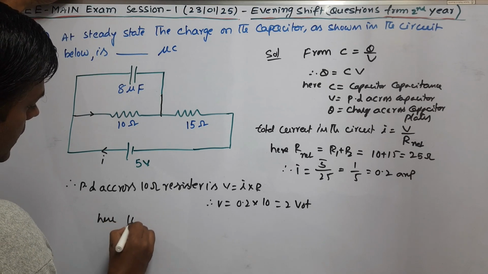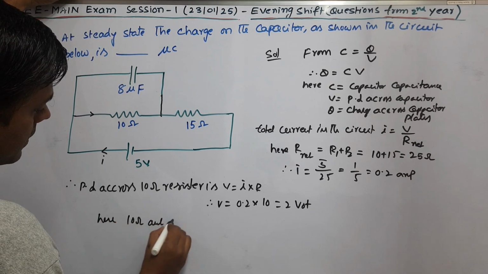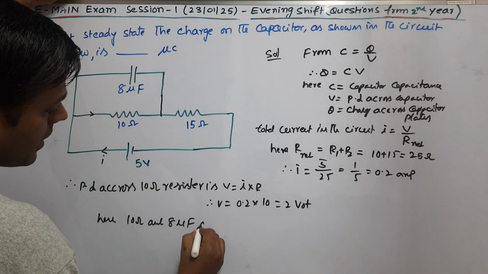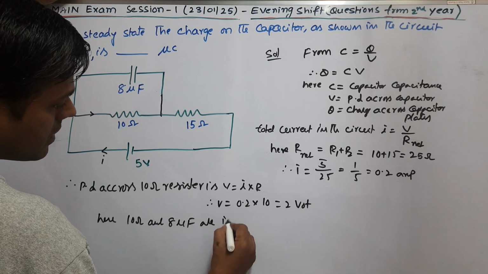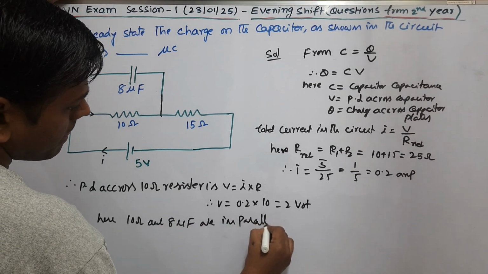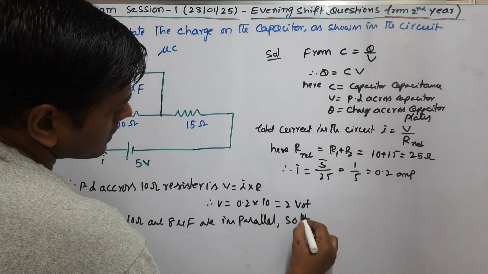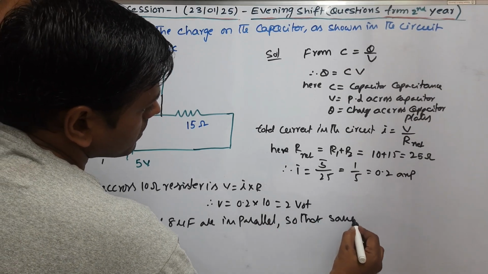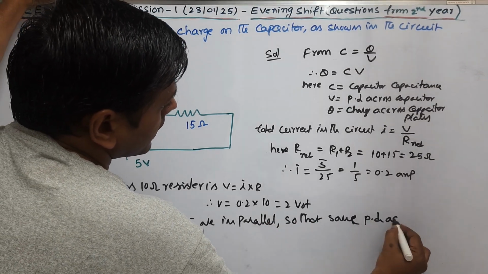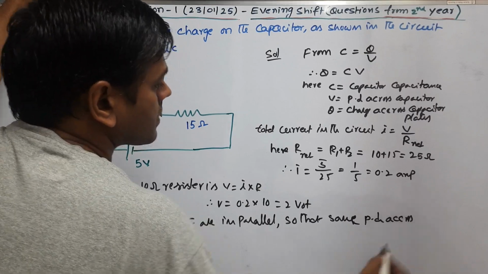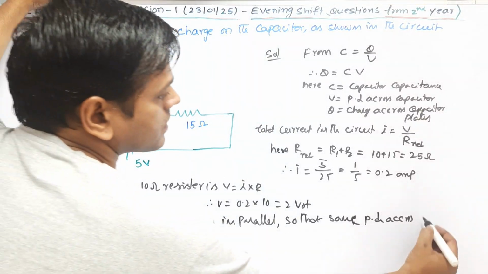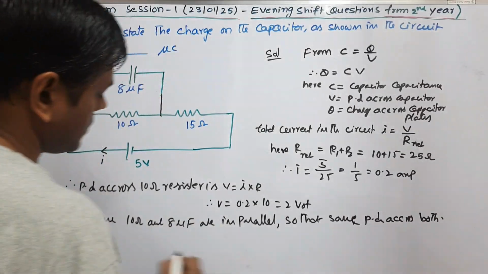Here the 10 ohm resistor and the 8 microfarad capacitor are in parallel, so the same PD is across both.